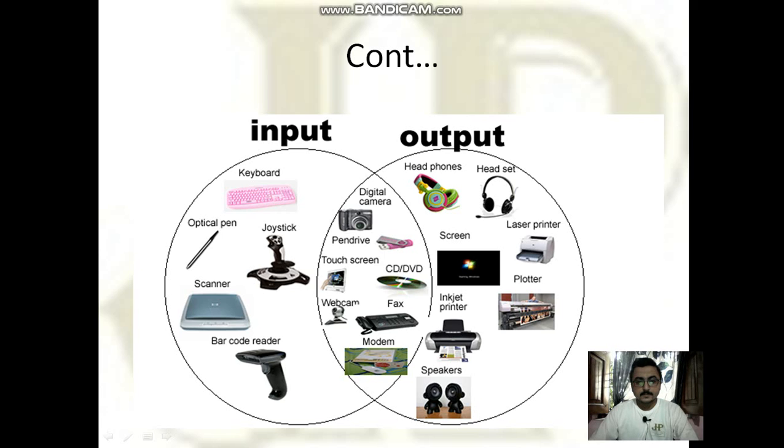Other than this, some devices are I/O devices, which means they work as input devices as well as output devices. For example, web camera, modem, digital camera, touch screen, etc.